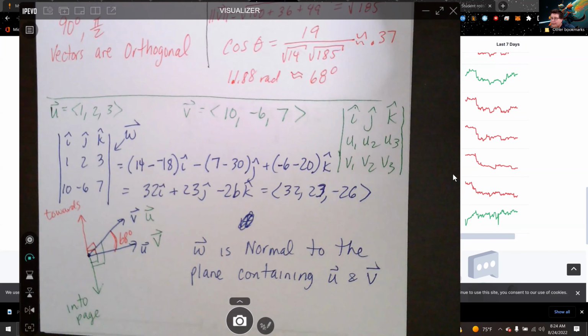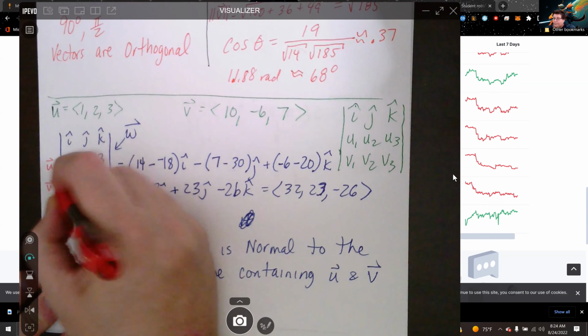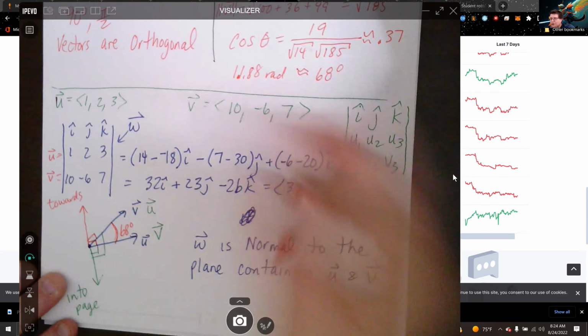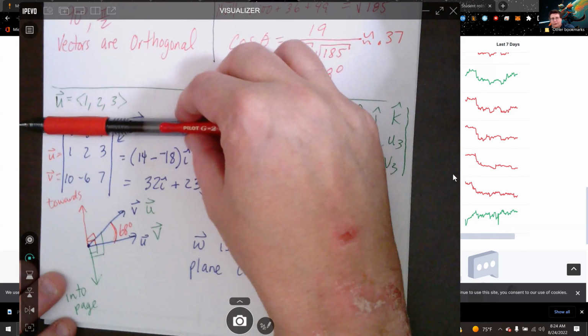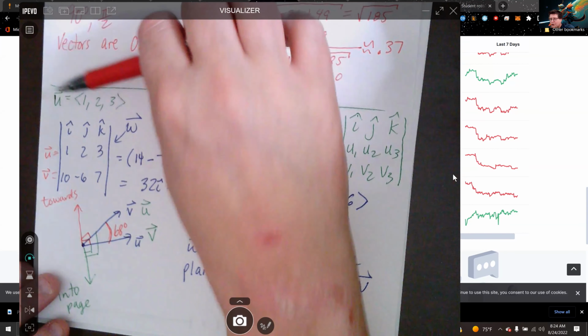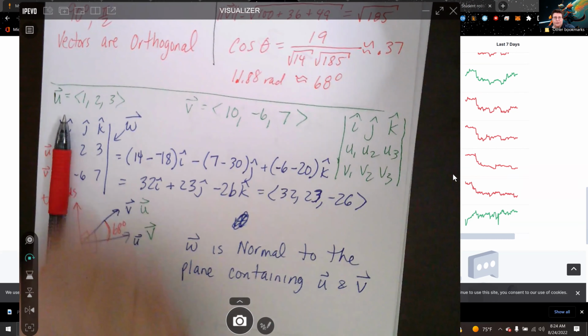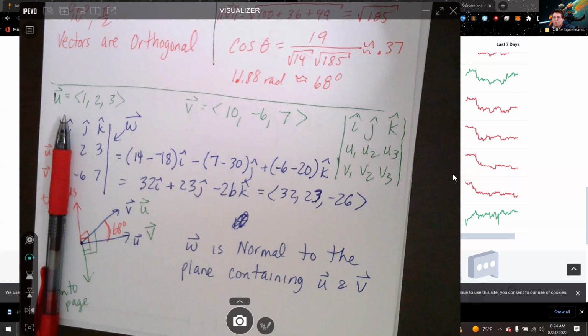What we do is we make a 3x3 matrix. We put I, J, and K across the top, the unit vectors, and we put U in one row and V in another. As you're going through it, go across the top, across the I, J, K. And for each one, whatever letter you're on, cover up that column. That's the easiest way to do it, until you're quick enough to do it without covering.